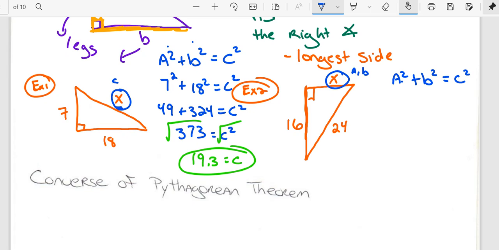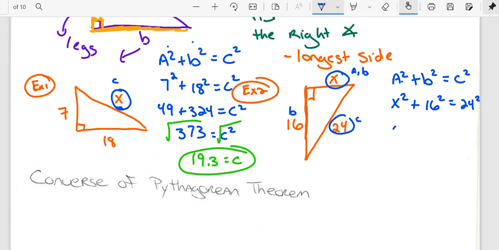I normally just put it first, so I'm going to put it in for A. So this will be x squared plus, this is my B, 16 squared, equals my C squared.